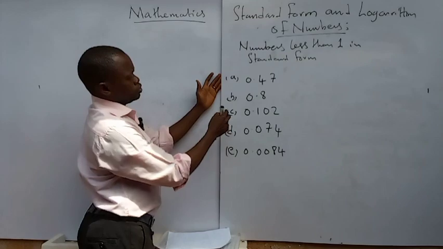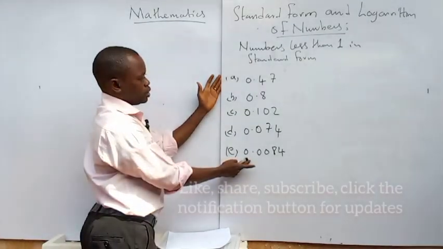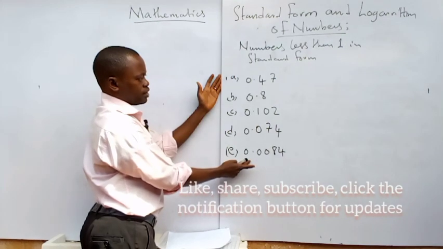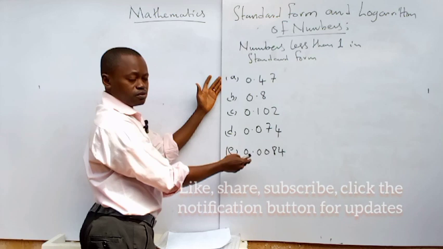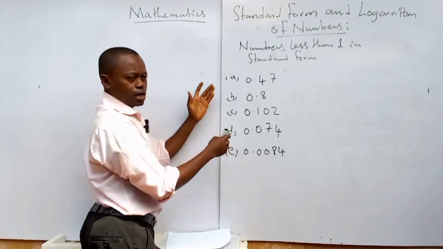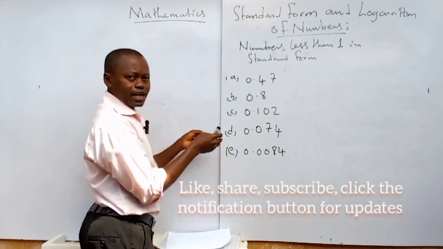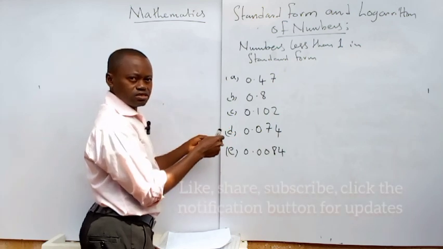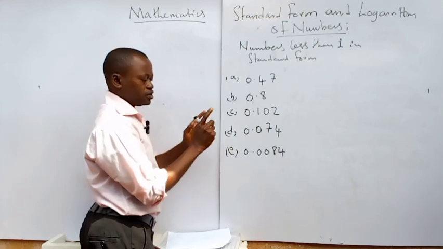If you observe, you realize that these numbers are less than 1. So I want us to look at how we can present these numbers. The previous ones we have been looking at are all greater than 1, and we have seen that the power of 10 there is the number of digits before the decimal point minus 1.